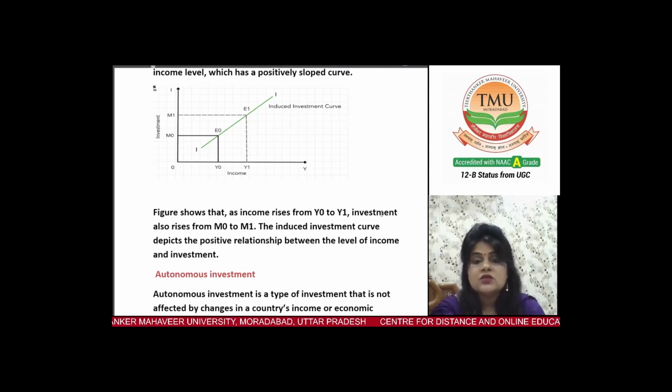The induced investment curve depicts the positive relationship between the level of income and investment.